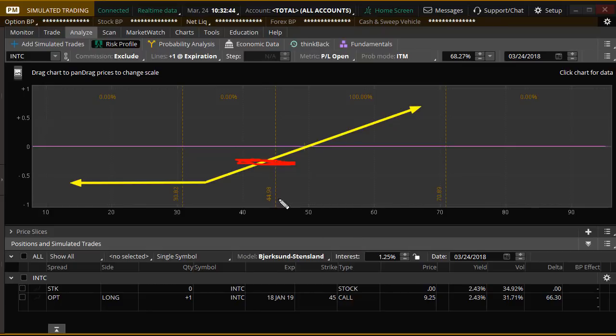Okay? But once you understand the long call, it's not much effort then to figure out the debit spread, the credit spread, the fig leaf, the synthetic, because they're all essentially the same trade. Just different time frames, different risk profiles.